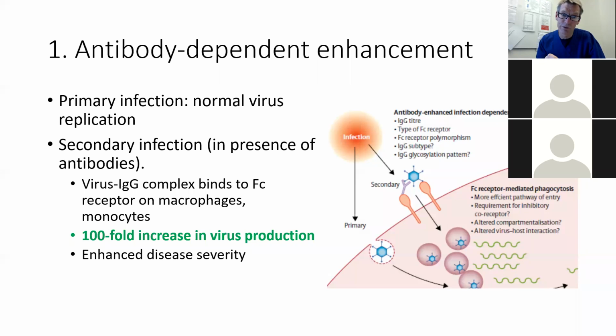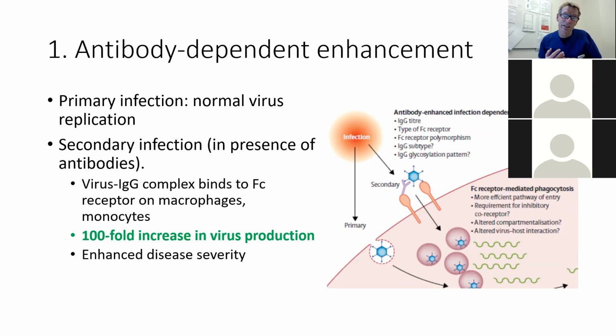But when you've got a secondary infection in the presence of those antibodies, either from a child who's had dengue before and has mounted an antibody response to it, or an infant whose mother had dengue, and the mother has given the baby some antibodies through transplacental transfer of antibodies, and if they're non-neutralizing antibodies, then that can enhance the entrance of the dengue virus into cells.